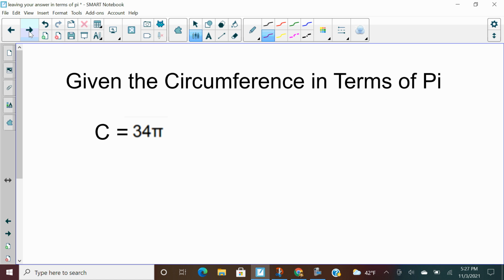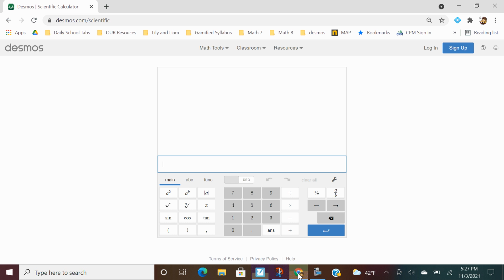All right, in this example, it gives me circumference in terms of pi. So I know that the number in front of pi is my diameter because my formula is circumference equals diameter times pi. So the diameter is 34. I can use my calculator to do 34 divided by 2 to find my radius is 17.